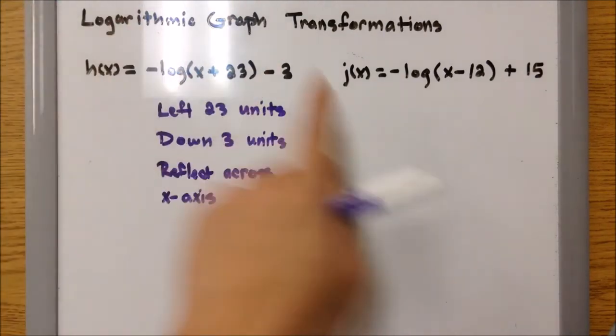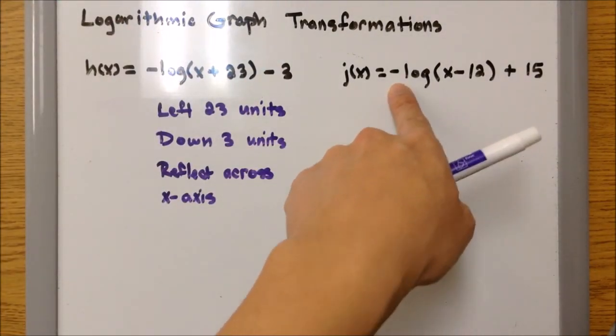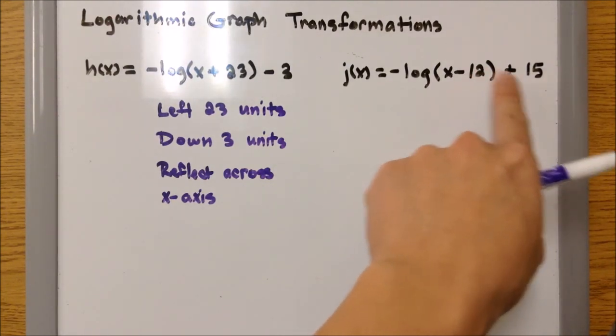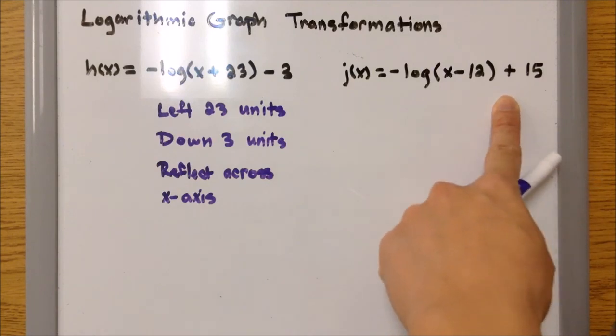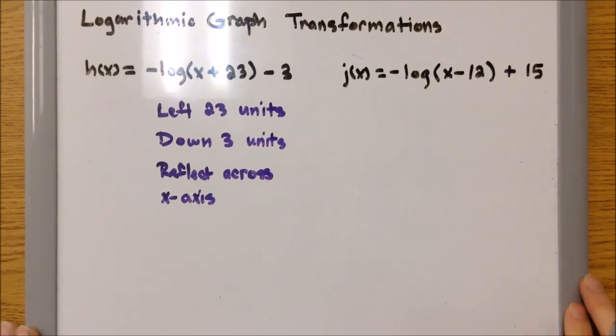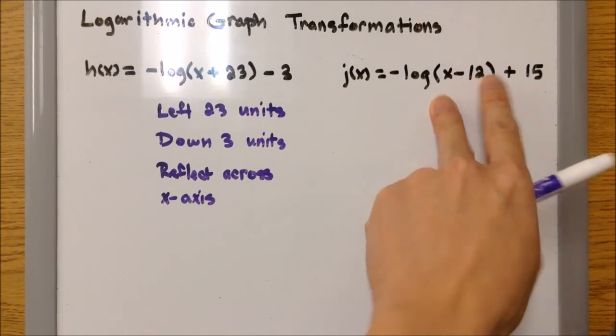Now in example 4, we have j of x equals negative log of x minus 12 plus 15. Same thing as before, we're going to first identify the translation. We see the x minus 12 is inside the parenthesis with the x.